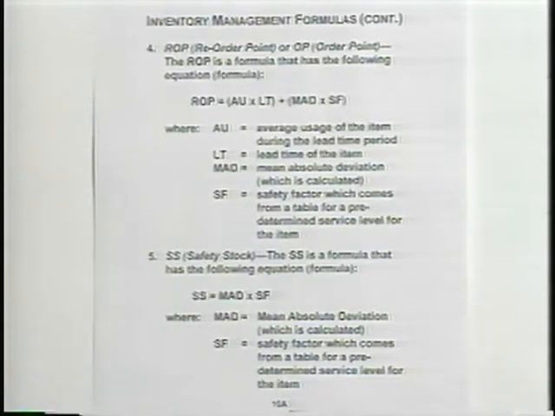The reorder point is equal to the product of the annual usage times the lead time plus the acronym I made reference to earlier, mean absolute deviation times the safety factor. Now, the data elements are developed as follows. The average usage is actually calculated for that particular item during its lead time.